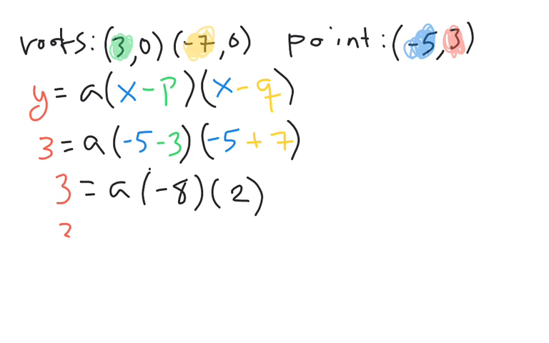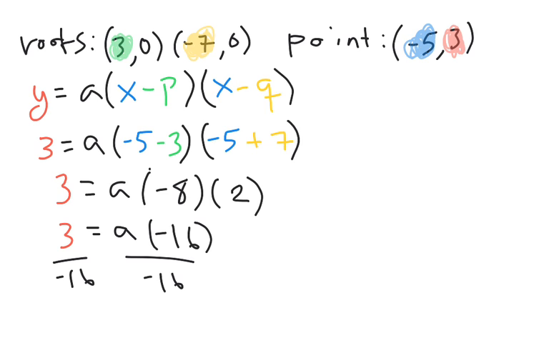I still have 3 equals A times -16. I'm going to divide both sides by -16. Getting a lot of 16s in these answers. And therefore, I get -3 over 16. It's negative, which is important. That determines which way the parabola opens, but that's it.